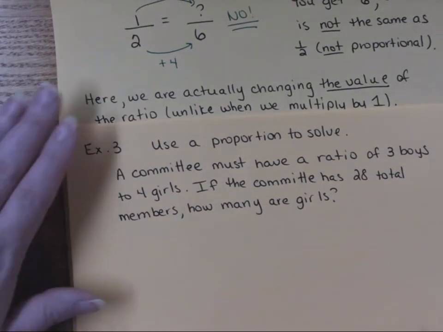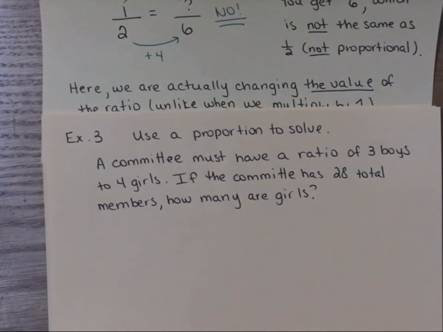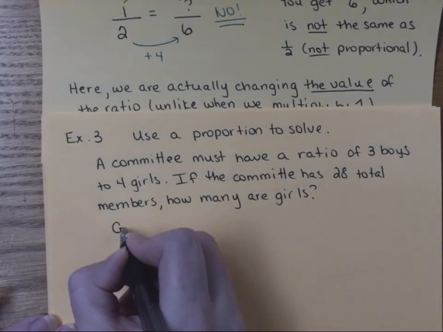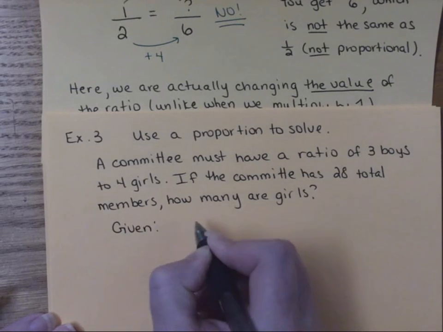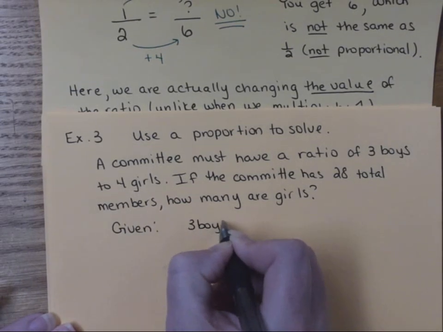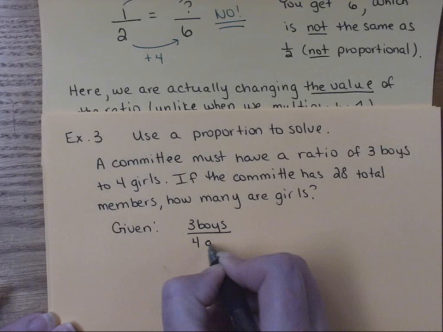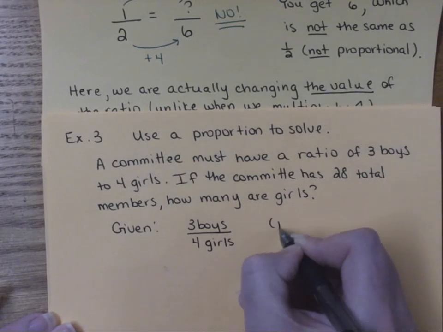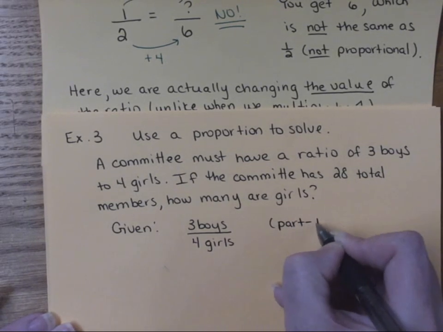So I kind of switched up the information on you. We're comparing boys to girls, but then I'm asking you for a different type of measurement. So let's talk about what we were given. We were given that there were 3 boys for every 4 girls. So notice that this is a part-to-part comparison.